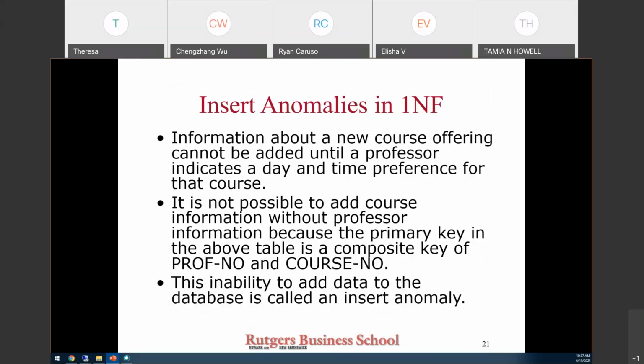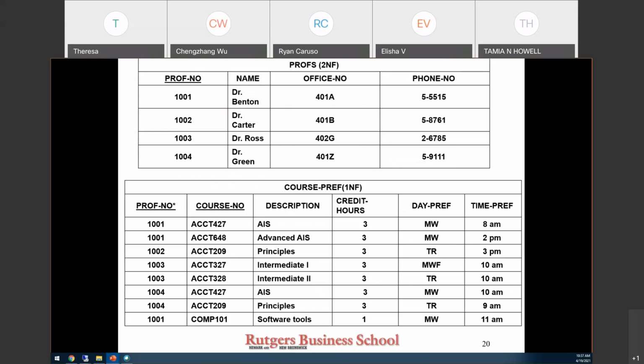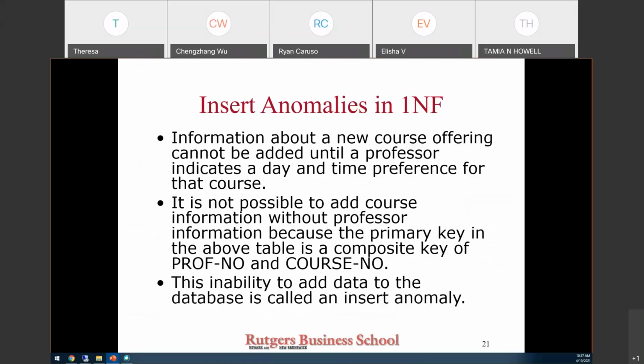So let's see the data anomalies that appear in the first normal form. You can consider the second table as an example to consider these three types of data anomalies: insert, update, and delete anomalies.